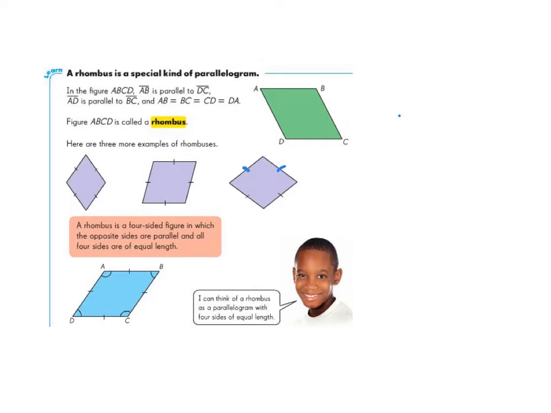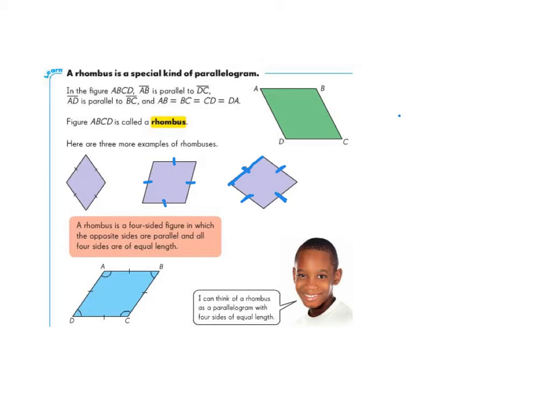Since there's one hash mark on each side, every side that has the same amount of hash marks means they're all equal in length. So no matter what the length of this one is, one hash mark means that it's equal to this and this and this because they all have the same amount of hash marks. See, all of these sides are equal in length because they all have one hash mark.